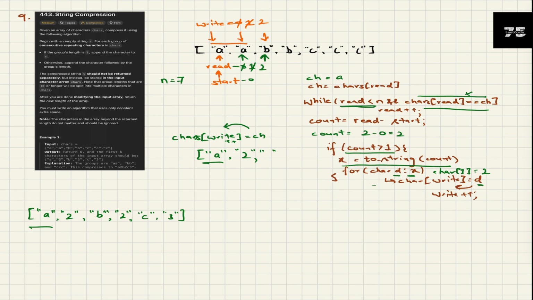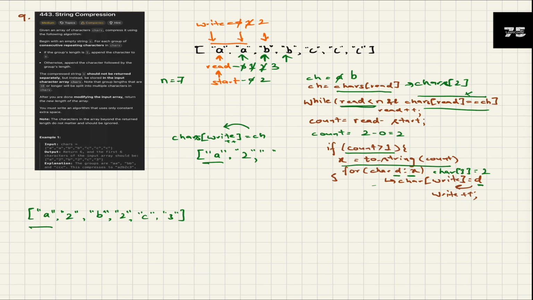So now my character, chars at 2, is nothing but b. I'm gonna assign it to b. My read is pointing to 2, it is less than n, and my b is equal to the character currently assigned, b. Yes, so I'm gonna do read plus plus. My read comes here. Also my start will be equal to 2.